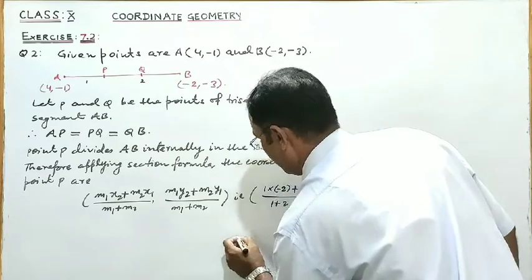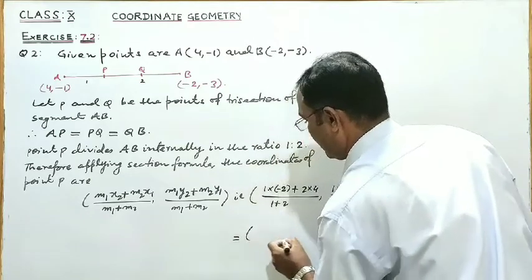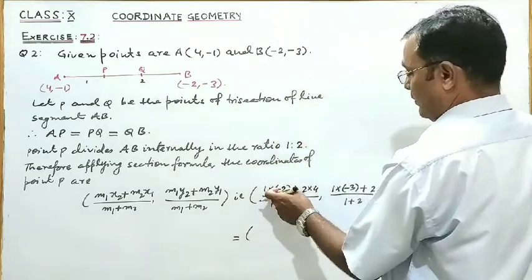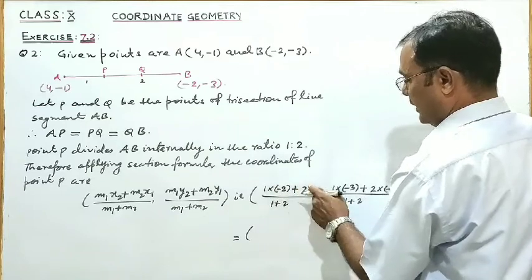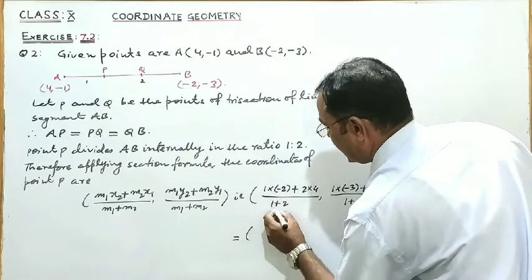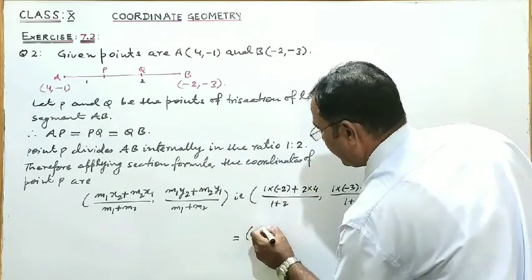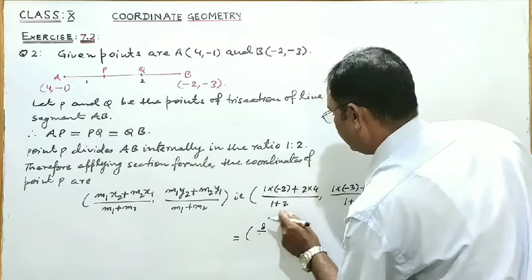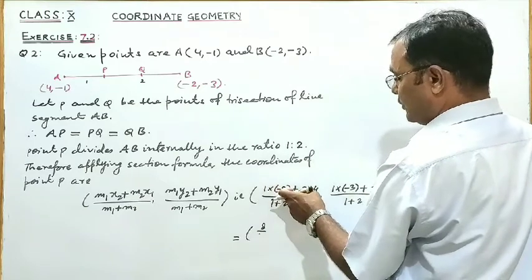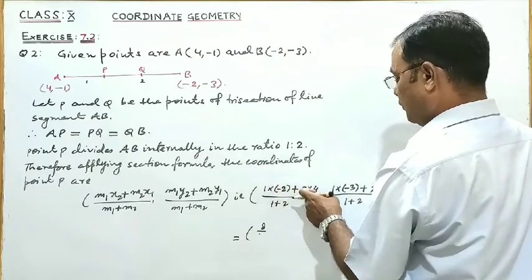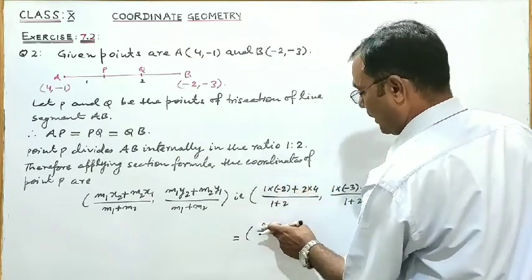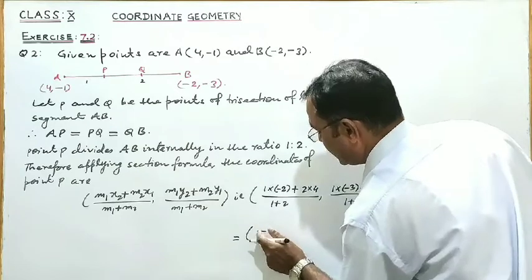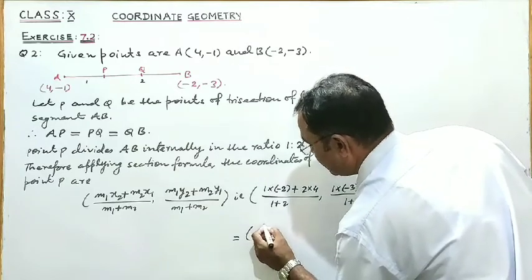This is equal to: 1 into -2 is -2, 2 into 4 is 8, -2 plus 8 is 6, by 3.